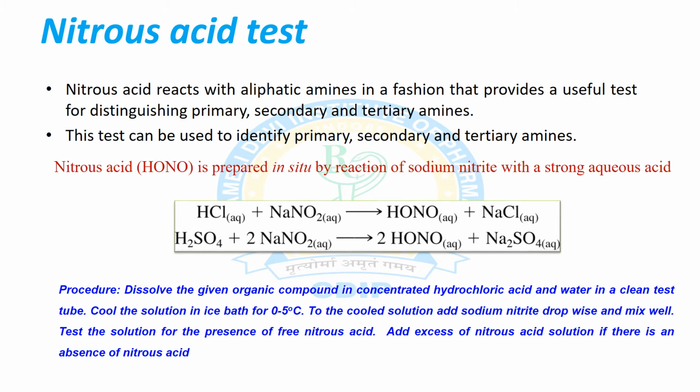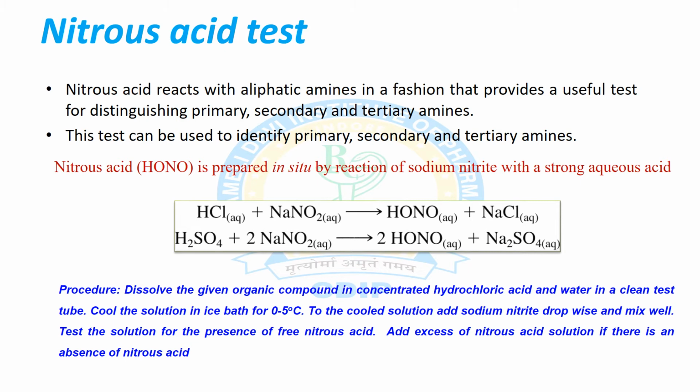It is prepared by the reaction of sodium nitrite with a strong aqueous acid. So we take sodium nitrite and aqueous acid like HCl in our procedure for preparation of HONO, or nitrous acid.